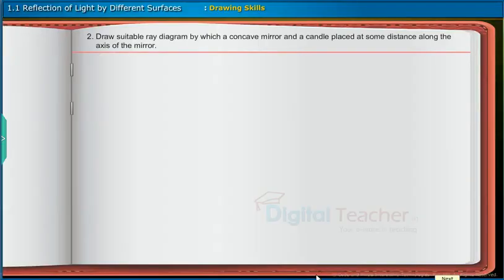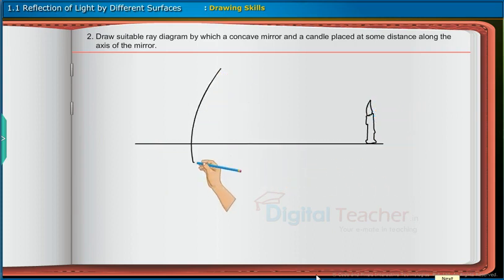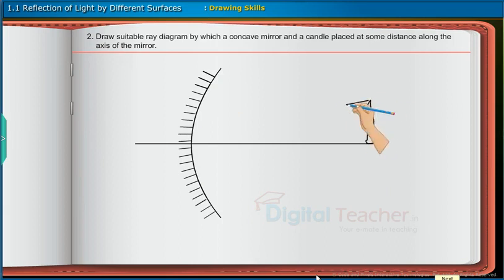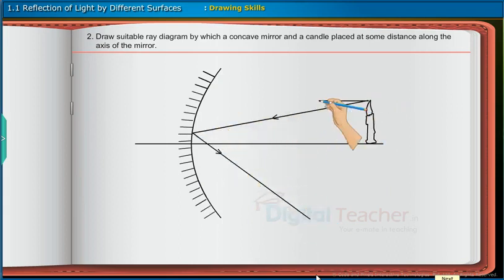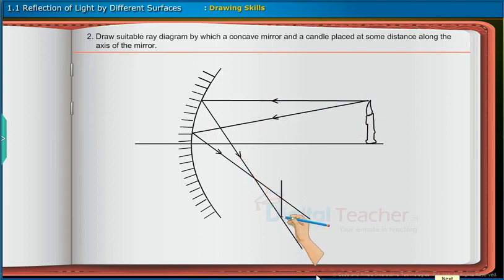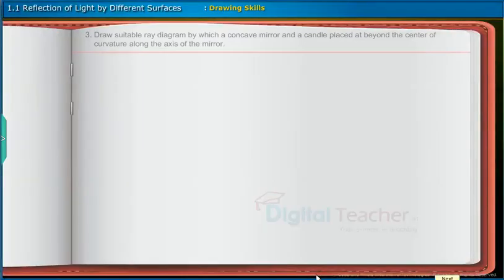Draw a suitable ray diagram for a concave mirror and a candle placed at the same distance along the axis of the mirror. Drawing skills. Draw a suitable ray diagram for a concave mirror and a candle placed beyond the center of curvature along the axis of the mirror.